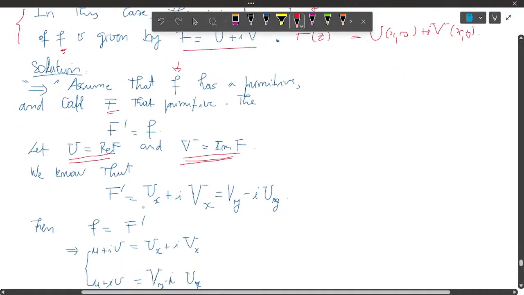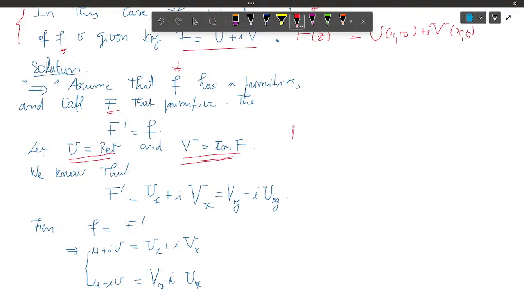We know that the derivative of a complex function at any point z is the limit as h goes to 0 of capital F of z plus h minus capital F of z, divided by h.